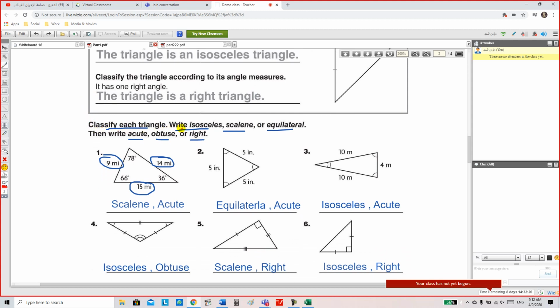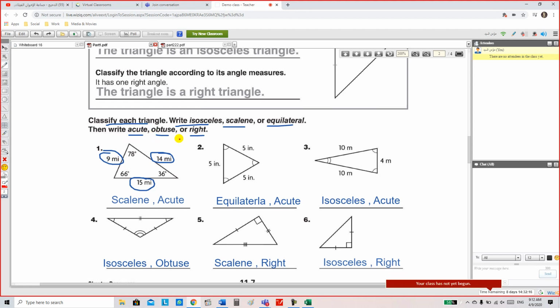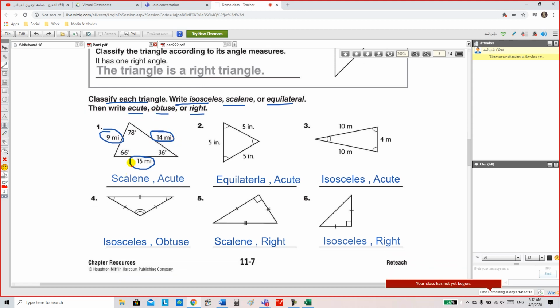classify each triangle, right, isosceles, plane or quadrilateral according to its sides, of course, and then right, acute, obtuse, or right. We have here the 3 sides are different in length. So what we're going to do, you have to write scalene first. Scalene triangle means 3 sides are different in length, and all angles are less than 90 degrees, so it will be acute angles.